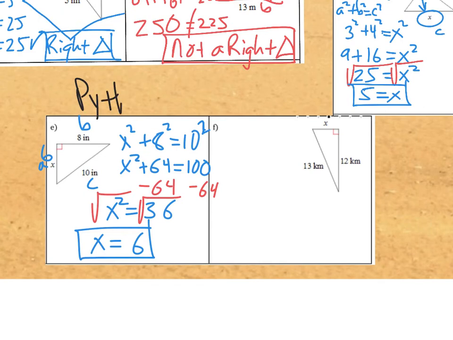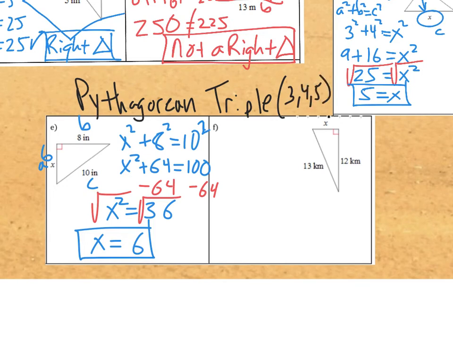A Pythagorean triple means that all the sides are whole numbers. Okay? So a Pythagorean triple is like 3, 4, and 5. That makes a right triangle. Or 6, 8, and 10. Well, try pausing the video and try this one out, and then come back and check it.